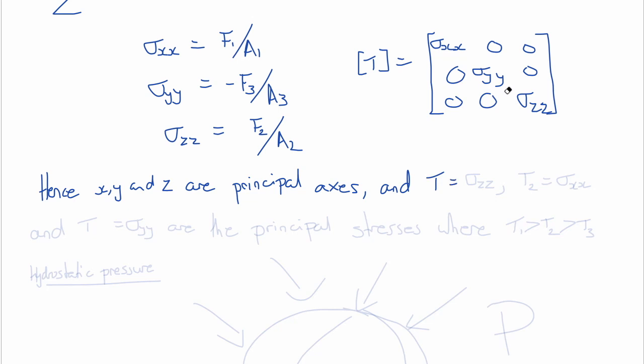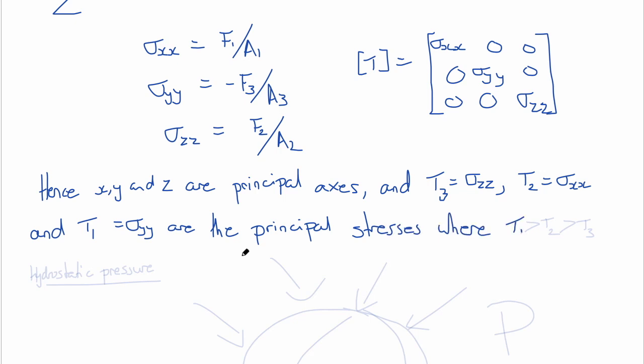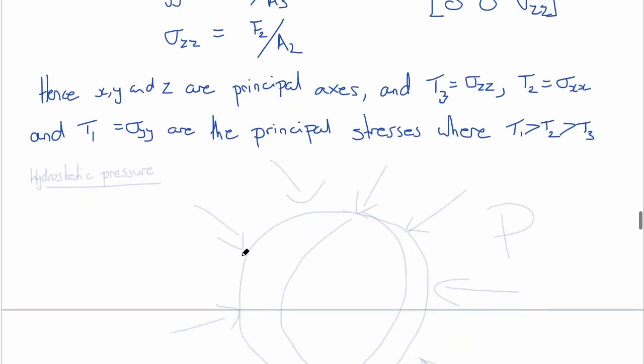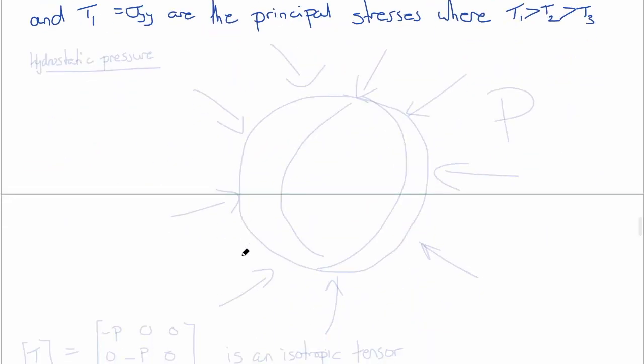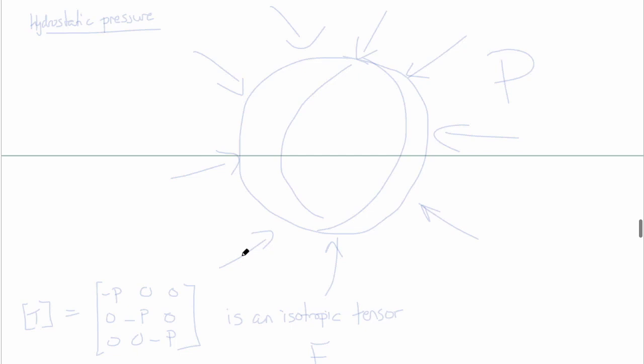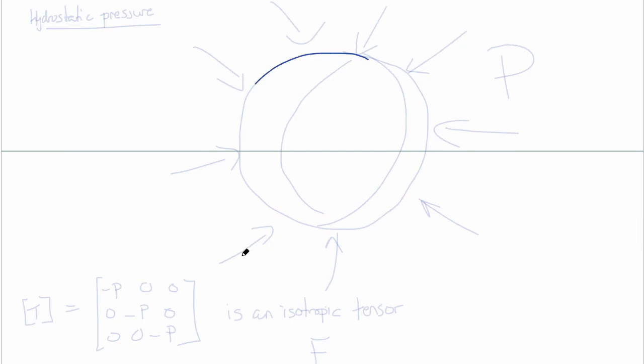And by convention, we would denote sigma zz as T3, the third principal stress, sigma xx as T2, the second principal stress, and sigma yy as T1, the first principal stress, such that T1 is greater than T2 is greater than T3. A simple example that we've mentioned before in class is a hydrostatic pressure stress case.